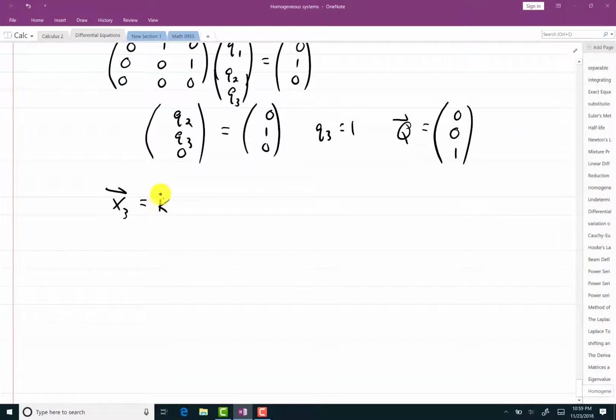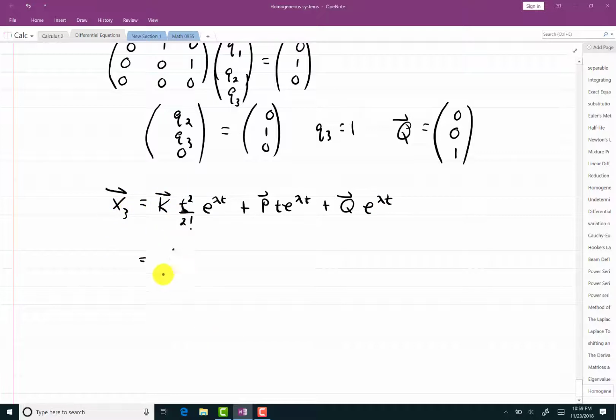A third solution then is given by this. I have my K, or, well, let me go ahead and write this: t squared over 2 factorial times e to the lambda t plus p t e to the lambda t plus q e to the lambda t. So let me throw in my numbers then.